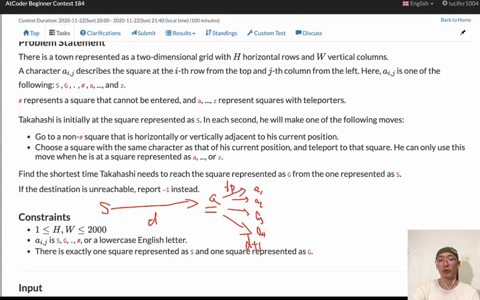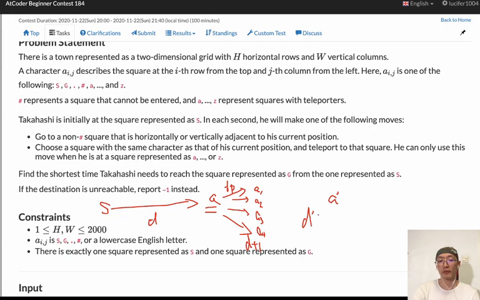But due to the property of breadth-first search, if we try to use teleport A again, so say we are at A prime, and now we used D prime steps to get to A prime.